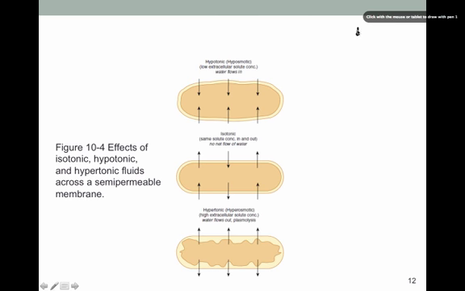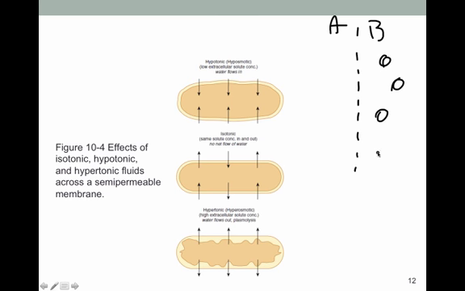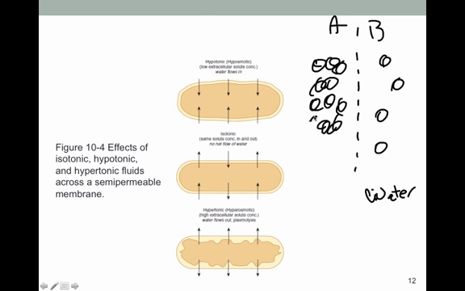Again, back to the semipermeable membrane, sides A and B. Now side B has more water on it. And on side A, we're going to introduce a really hypertonic solution, so lots of solute parts.